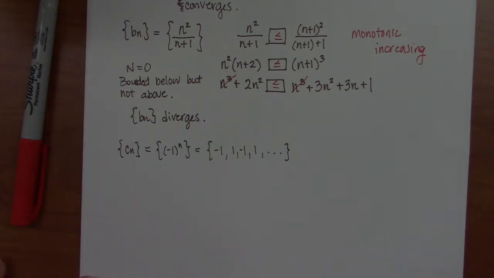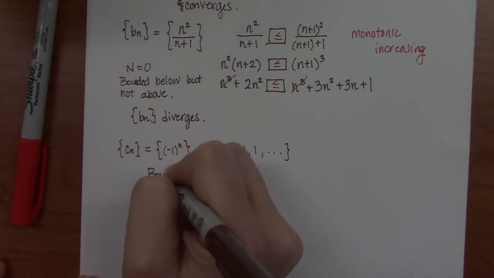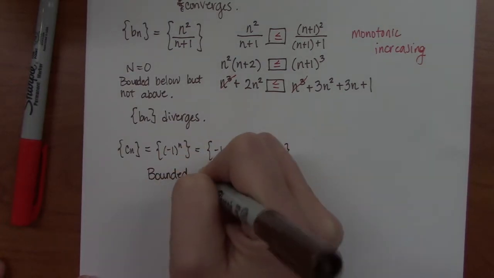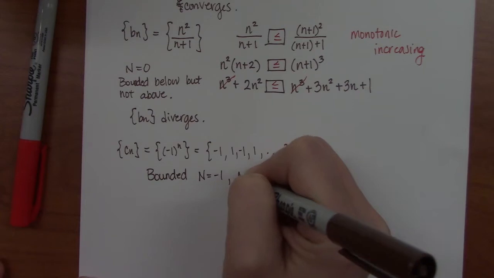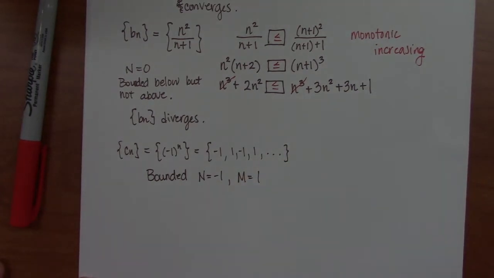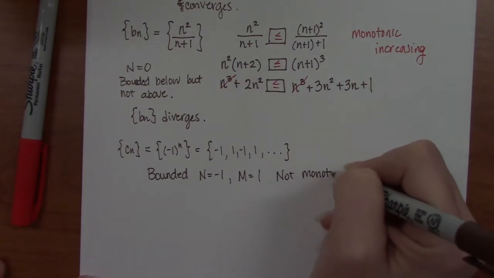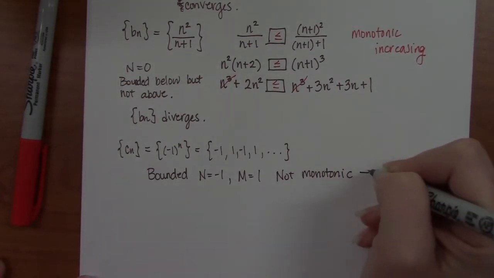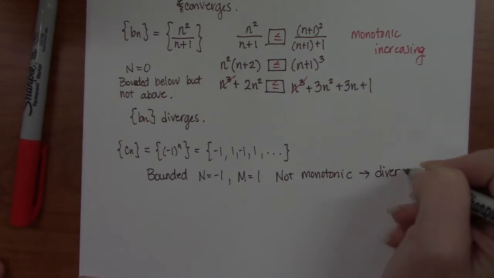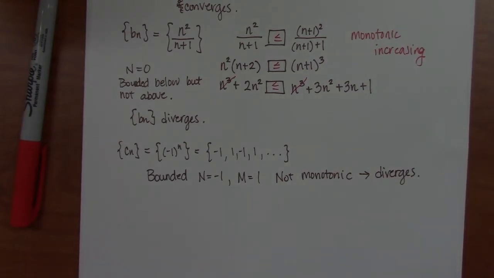We can see that this guy's bounded, right? It's never going to be below -1. It's never going to be above 1, but it's not monotonic. So therefore it diverges.